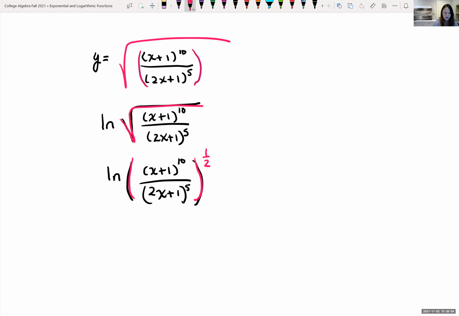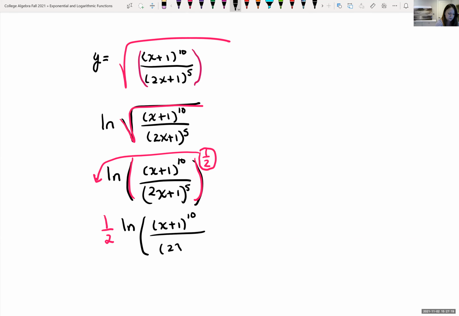We now can use properties of logarithms. We can bring our exponent down in front of our log. So we have here 1/2 natural log of x plus 1 to the 10th all over 2x plus 1 to the 5th. So now we have division.